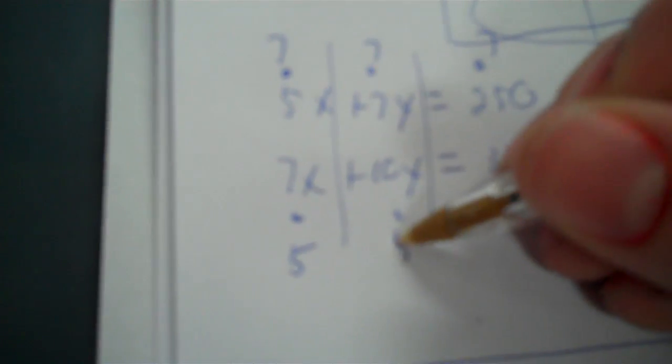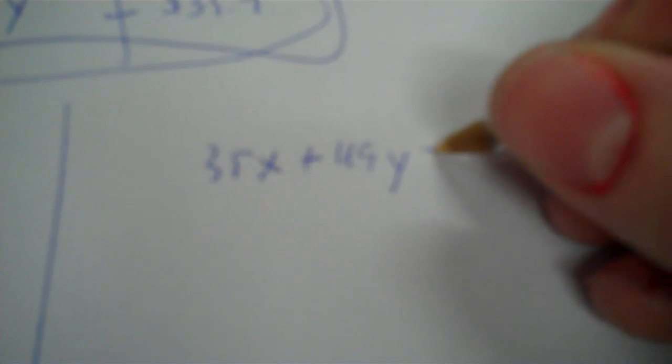Okay, that's 12X, that's 17Y, so that's not going to work, so we need to multiply. So you have a 7 and a 5, so 7 is what I multiply the top by, 5 is what I multiply the bottom by. So 7 times 5X is 35X. 7 times 7Y is 49Y.